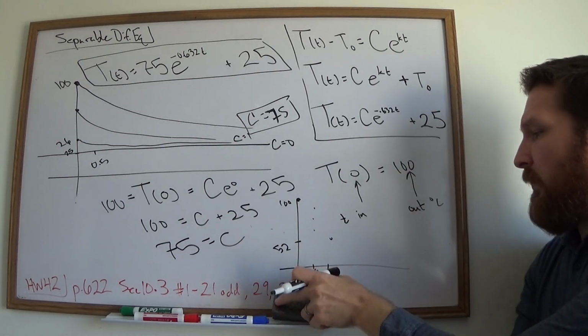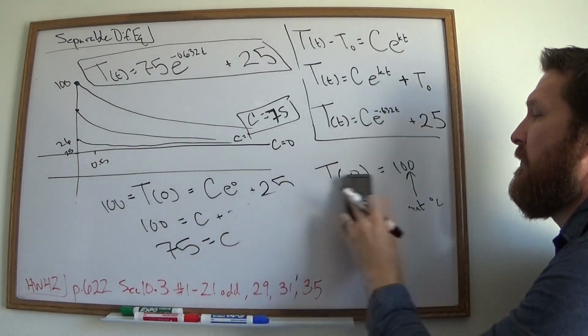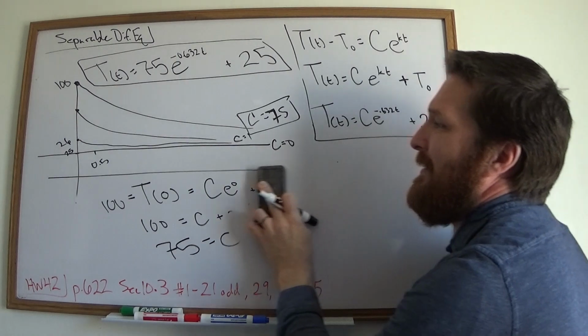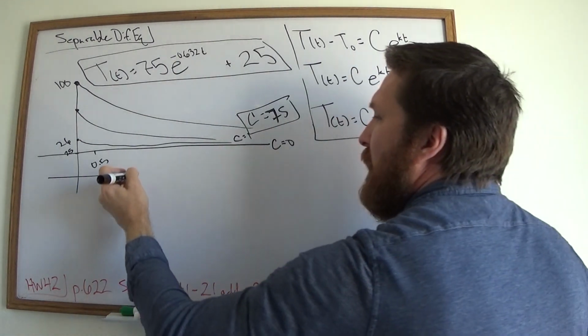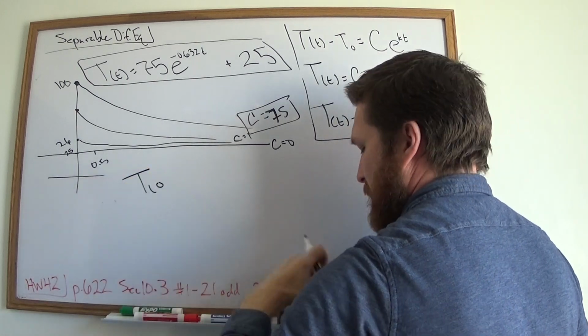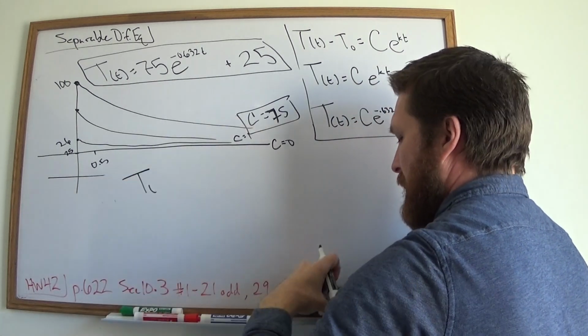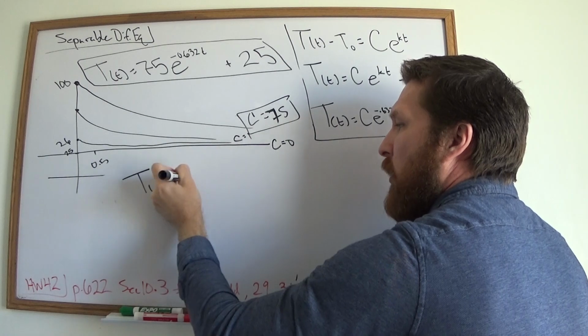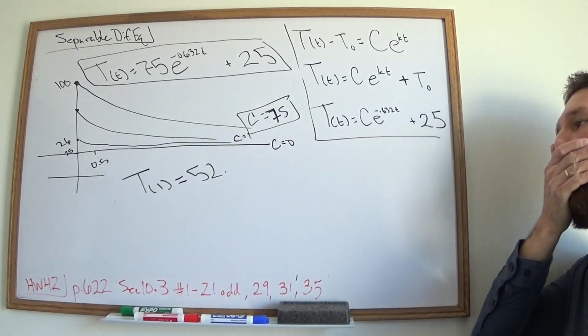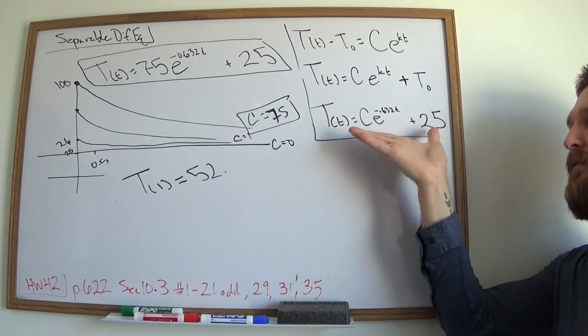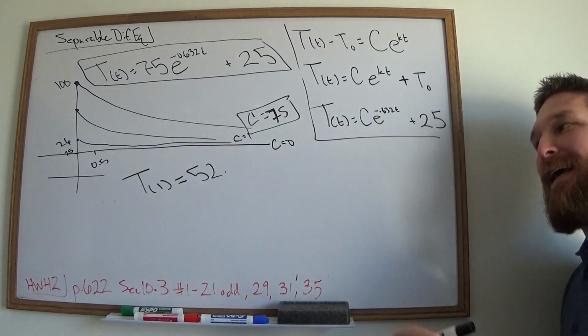One more thing. What if we didn't have our initial data point? What if all we had was T, not T of 0, we knew that at time 1 the temperature was 52 point whatever it was. We could still figure this out. It's just going to get ugly, right?